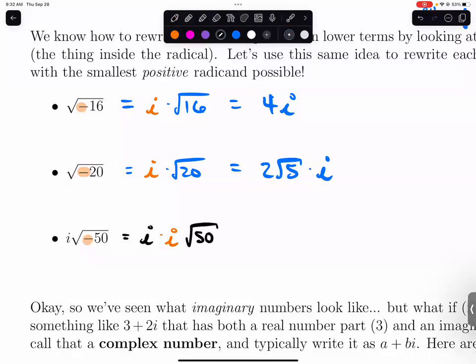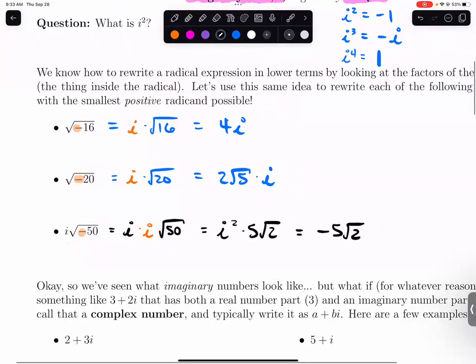So it's 5 root 2. So it's i squared times 5 root 2. But i squared is -1. So it's negative 5 root 2. Okay.